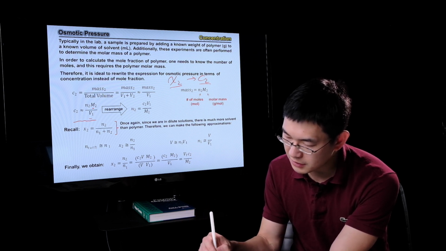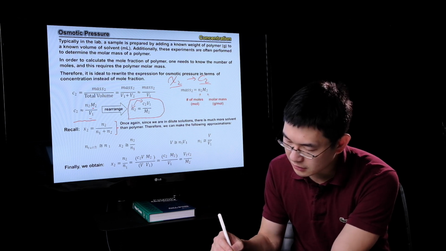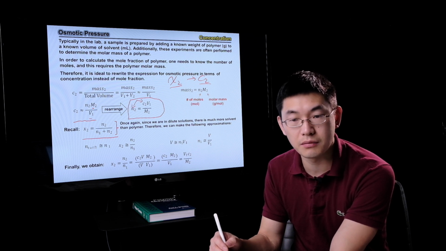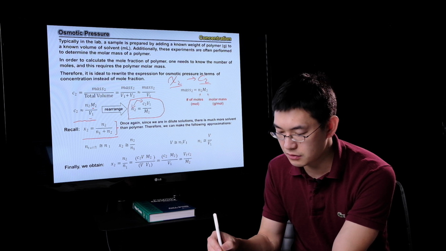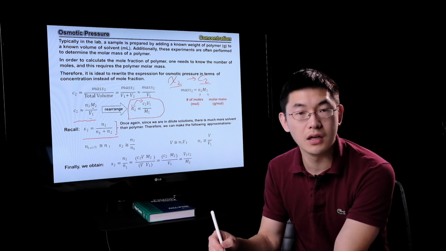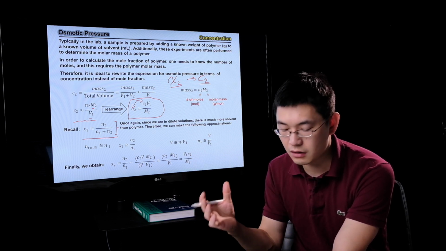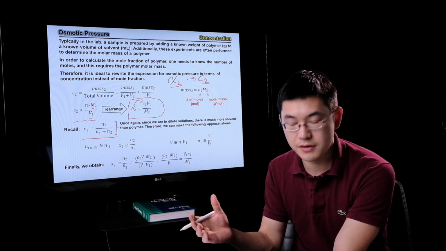So you can simply rearrange to get the relationship between n and C. And we can further use what we know previously, the concentration in terms of molar volume. x2 is going to be equal to n2 divided by n1 plus n2. n1 plus n2 is the total moles of the solvent and solute, and n2 is how many moles of polymer.